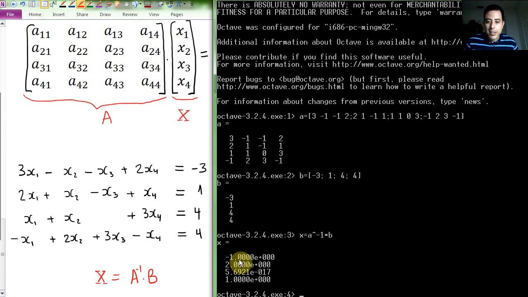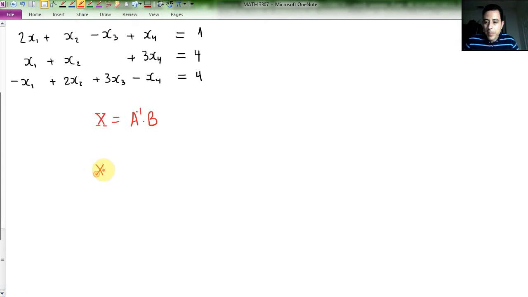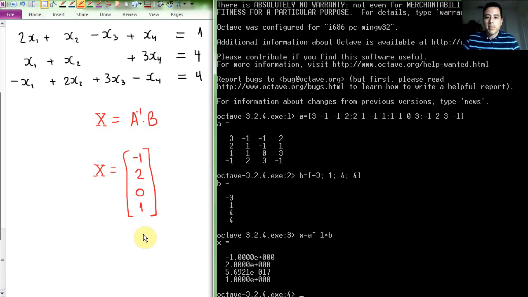So it turns out that the column x is, and here's the solution, 1, 2.